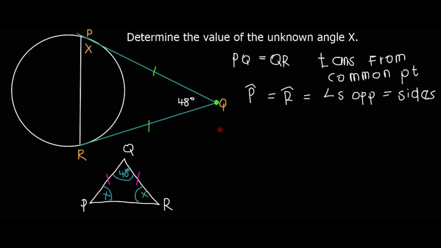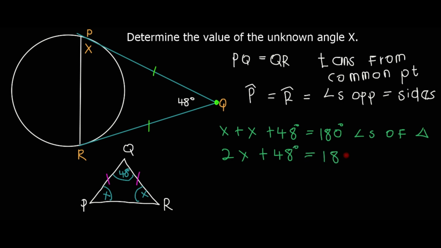And then from here nka no re x plus x plus 48 degrees is equals to 180 degrees, angles of triangle, because now re na le triangle ya rena ya QPR, and therefore x plus x, 2x plus 48 is equals to 180 degrees.